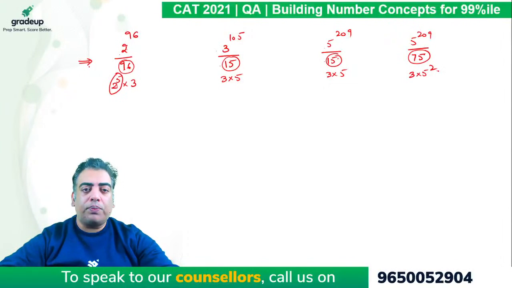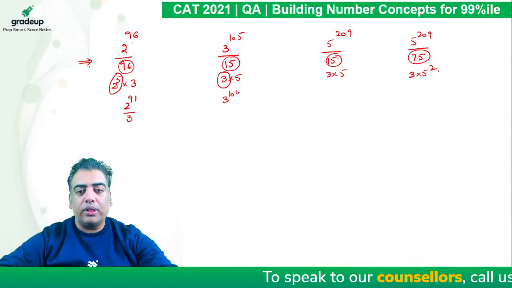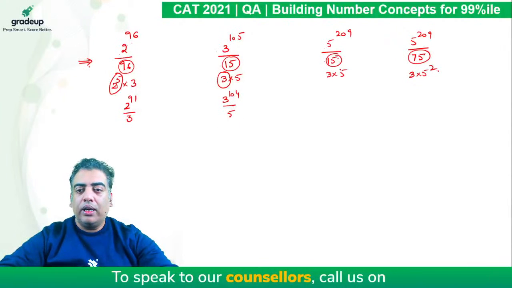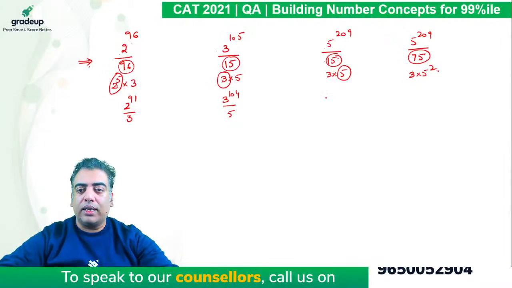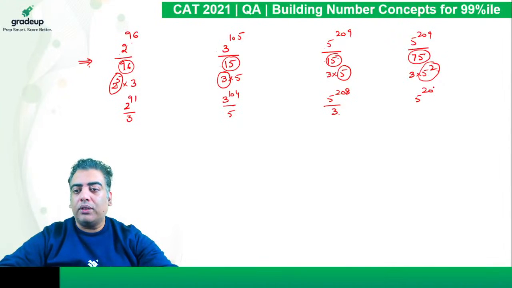So when 2 raised to power 5 gets cancelled out, it results in 2 raised to power 91 divided by 3. Here 3 gets cancelled out, resulting in 3 raised to power 104 divided by 5. Here 5 gets cancelled out, resulting in 5 raised to power 208 divided by 3. Here 5 square gets cancelled out, resulting in 5 raised to power 207 divided by 3.